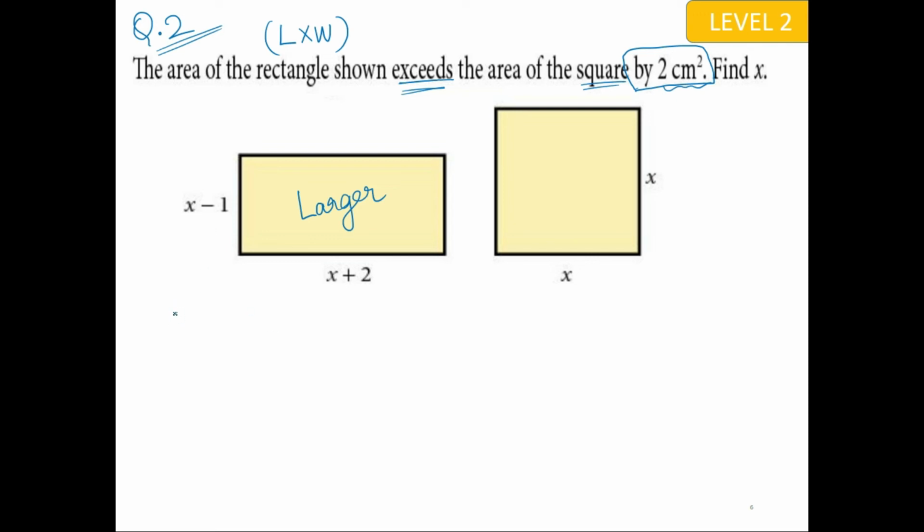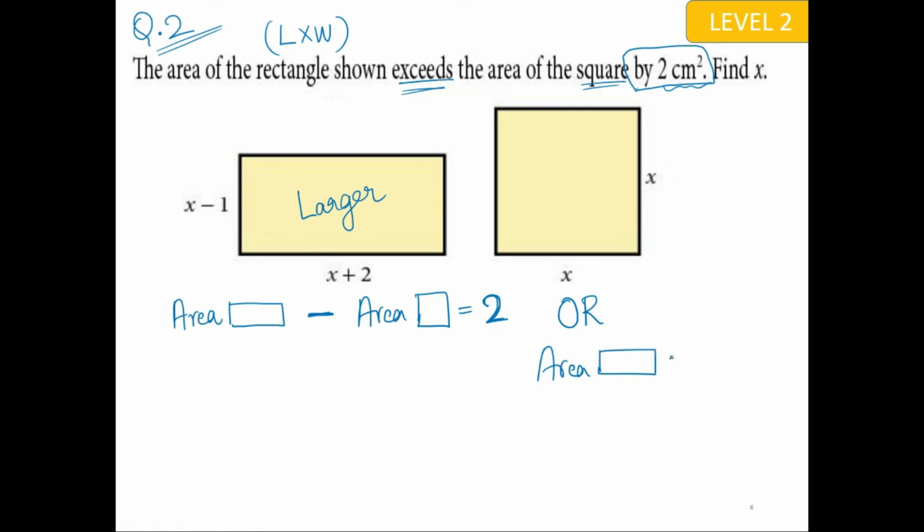Either you can write the area of the rectangle minus the area of the square is going to be 2, because the difference in area is 2, or you can frame the equation as the area of the rectangle is 2 units more than the area of the square.